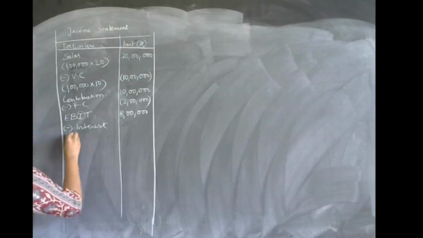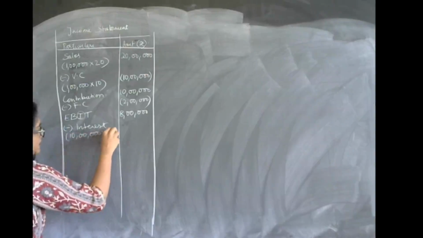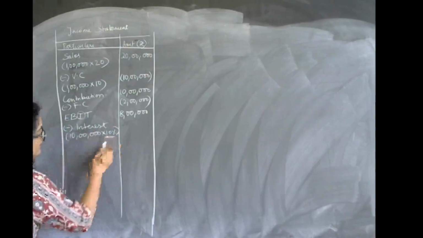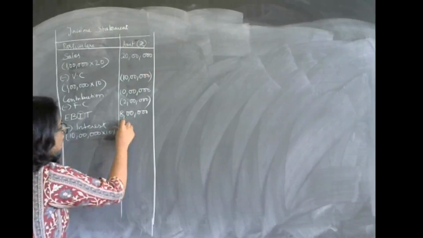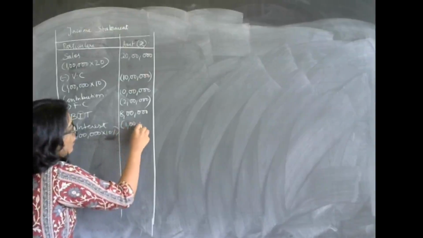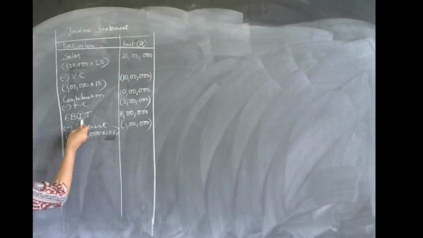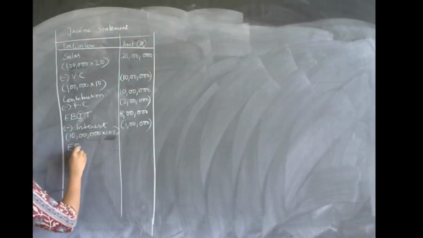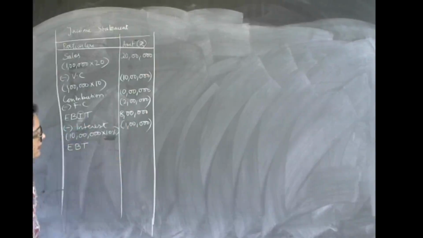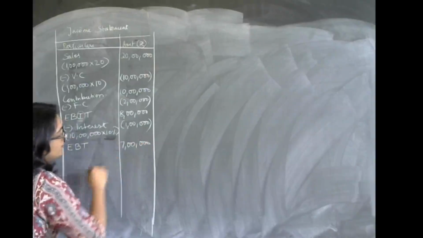It is going to be 10 lakh into 10% because it is 10% debt of 10 lakh rupees. So your interest is going to come to 1 lakh. Okay, so now we have taken interest into consideration. So this becomes earnings before tax. How much is it? 8 lakh minus 1 lakh. It comes to 7 lakh.